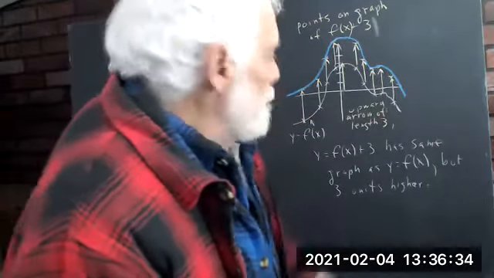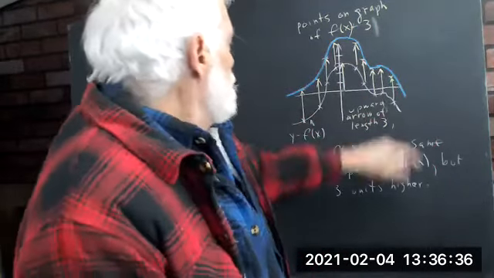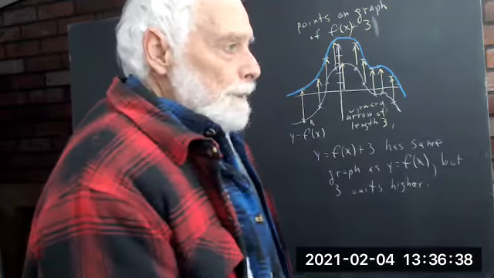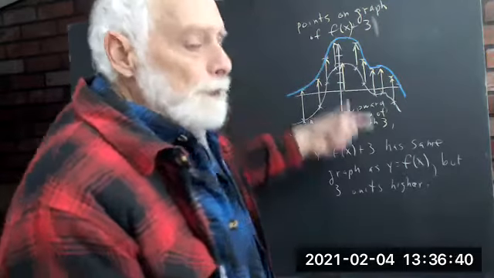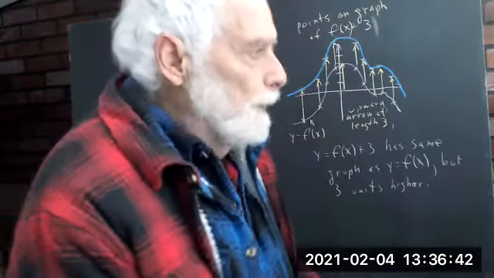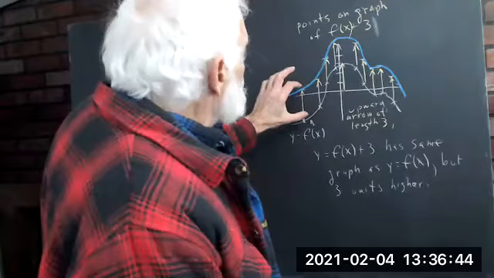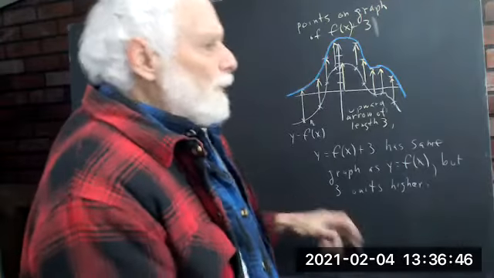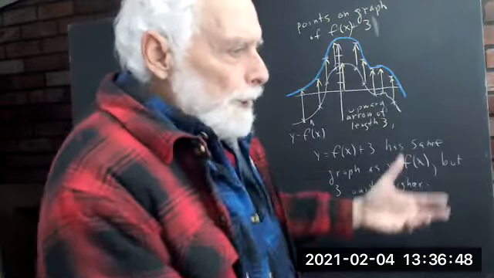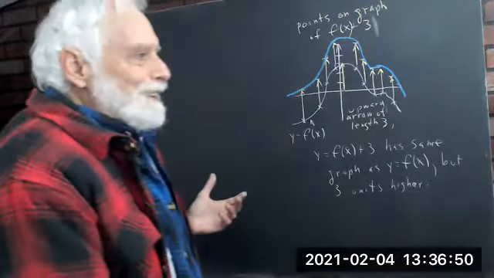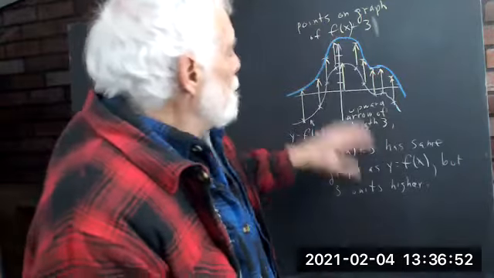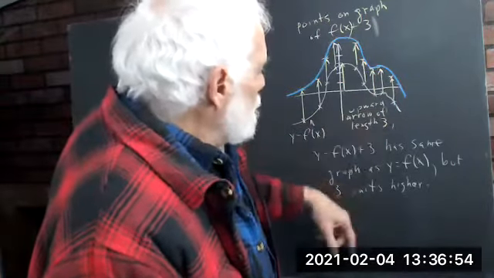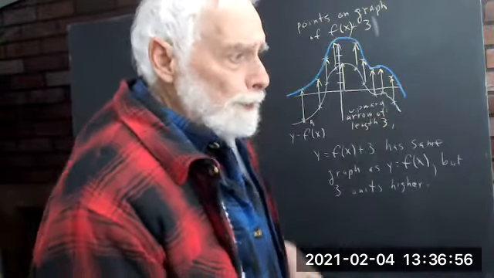This graph is congruent to this graph. Has the same shape if I've drawn it completely accurately. Now, to be completely accurate, I'd have to do this for every point. I don't have time to do it with every point. There are infinitely many points, okay? So I do it with representative points and then try to follow the pattern of the curve. I missed a couple little wiggles in the curve.